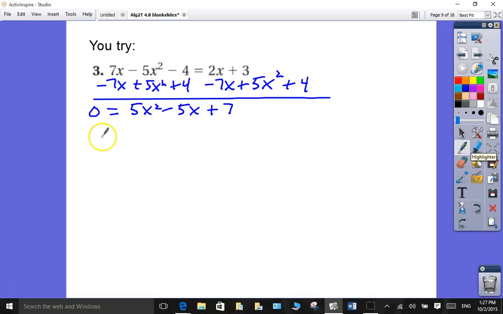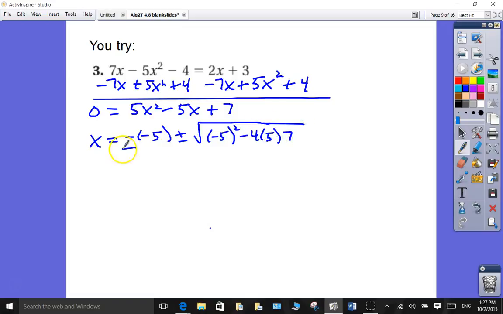Okay, so now I plug in the formula. X equals negative 5 plus or minus the square root of negative 5 squared minus 4 times 5 times 7, over 2 times 5.